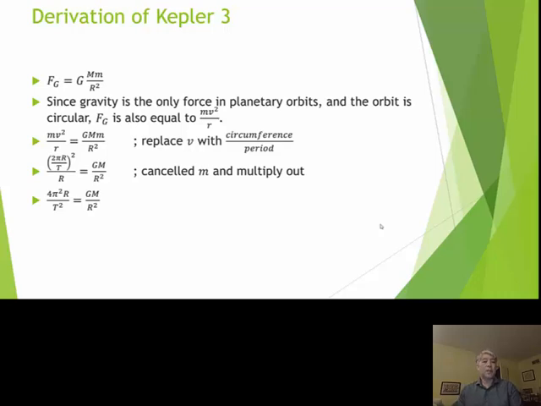Continuing this, expanding my 2 pi r over T and simplifying the fraction, the left side becomes 4 pi squared r over T squared, and that's going to equal G M over r squared.